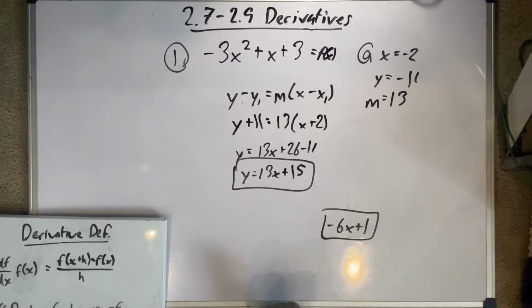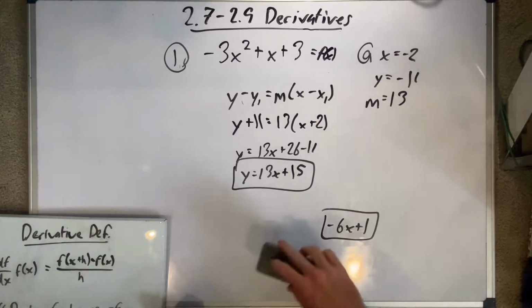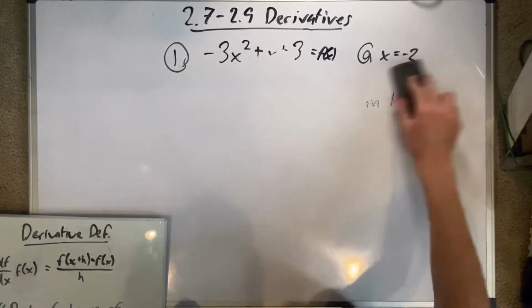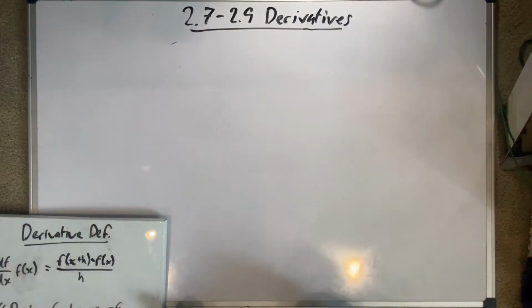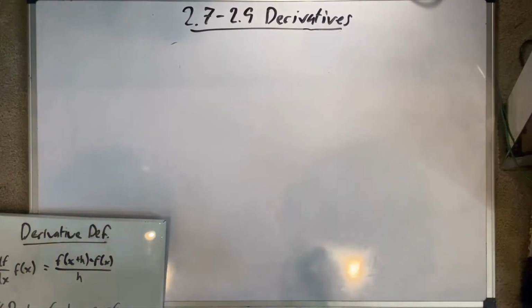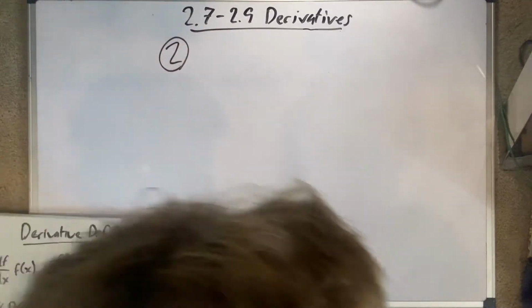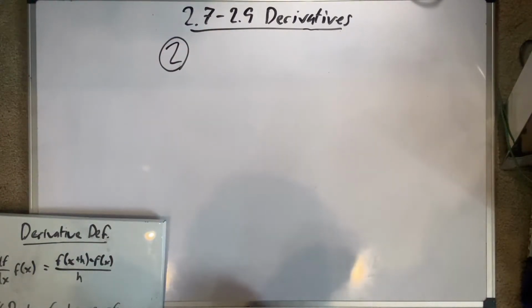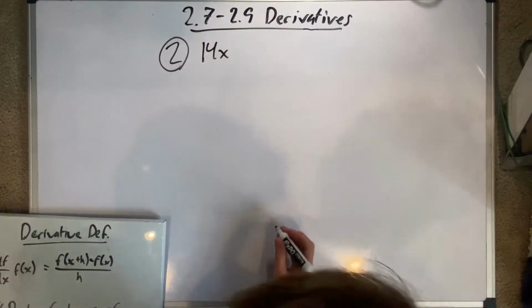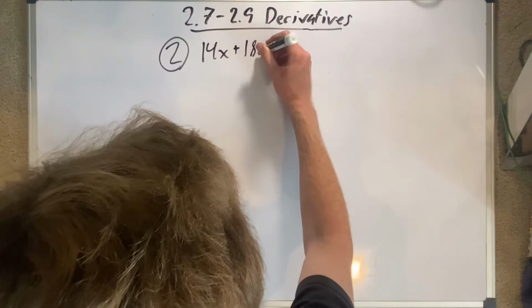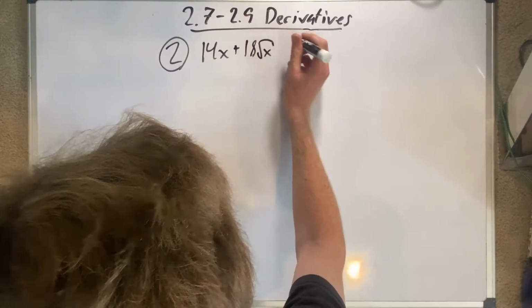Okay, now I said I wasn't going to do any more, but I'm going to do one more just so I can show you how a certain thing would be done. Okay, here we go. The second and last problem is 14x plus 18 rad x.